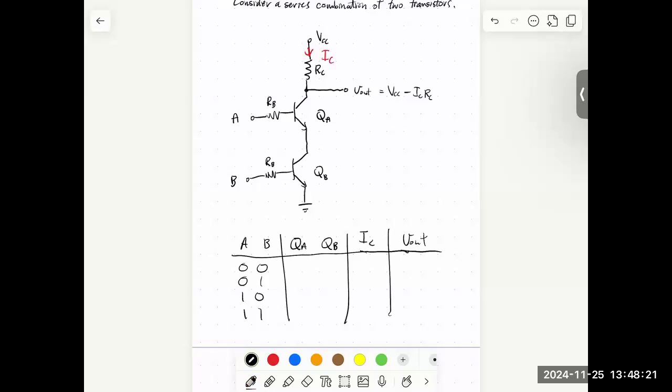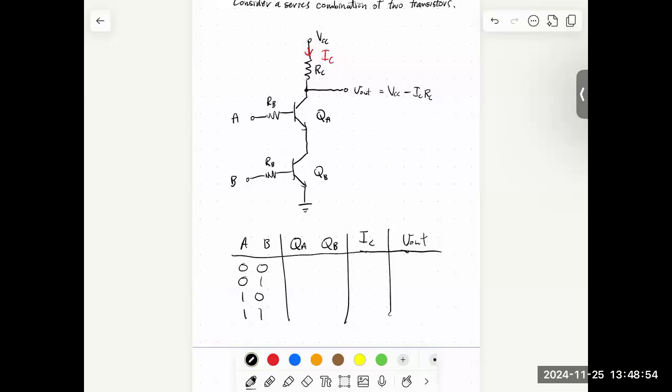Just forget about the second transistor. What do I have to make A in order to have non-zero current through the transistor? Is it high or low? I need to forward bias the base emitter junction. So is A going to be a large voltage or a small voltage? A large voltage, okay? So whenever A is high, we have the potential for current to flow through this first transistor QA.